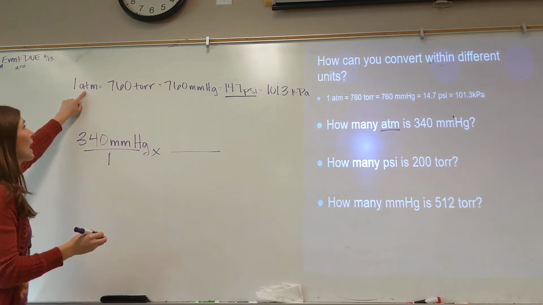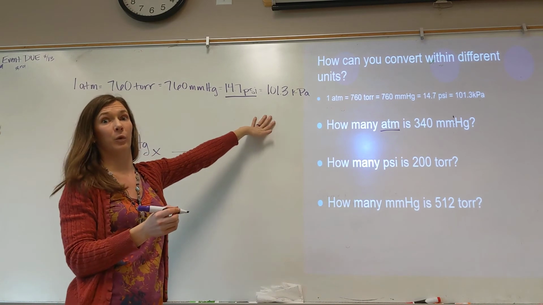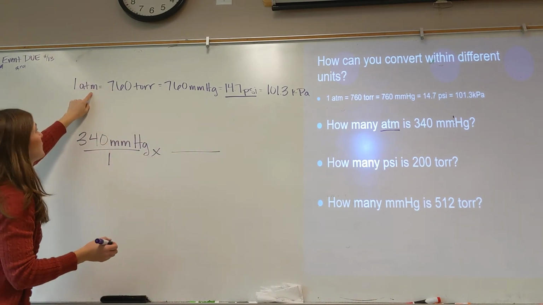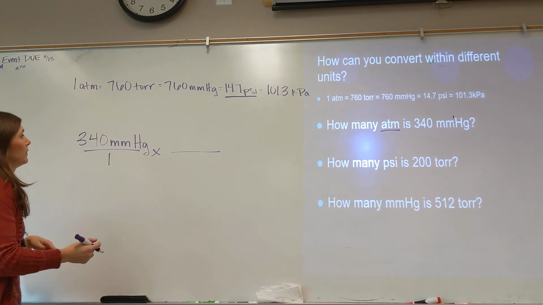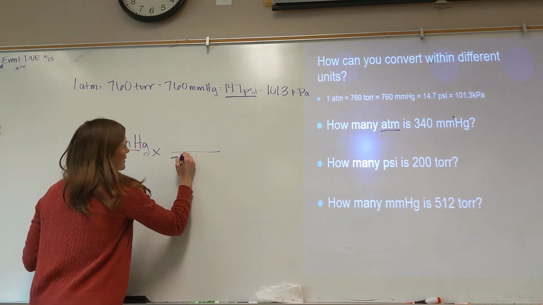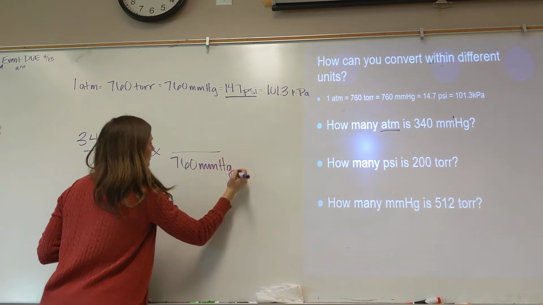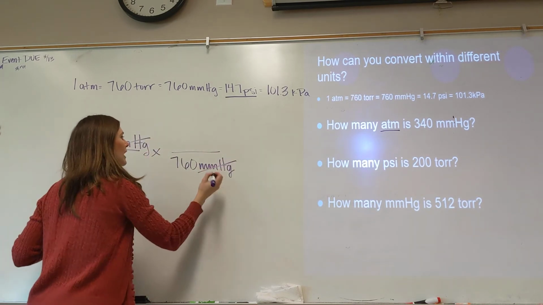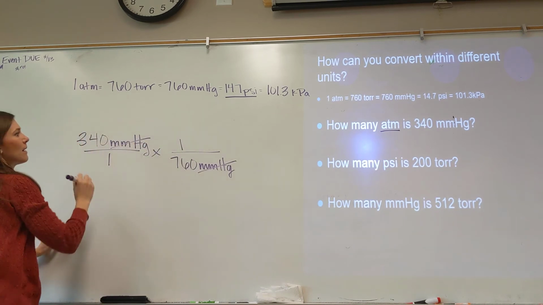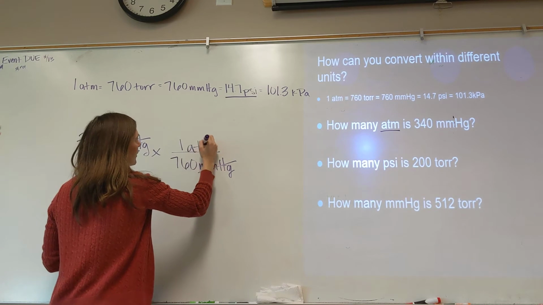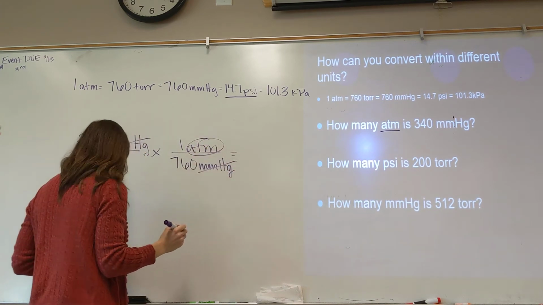Well, it says 1 atmosphere is equal to, and it means all of these are equal. So 1 atmosphere is equal to 760 millimeters of mercury. So I'm going to put my 760 millimeters of mercury on the bottom, so my millimeters of mercury will cancel. I'm going for atmospheres, and I'm going to be left with atmospheres.